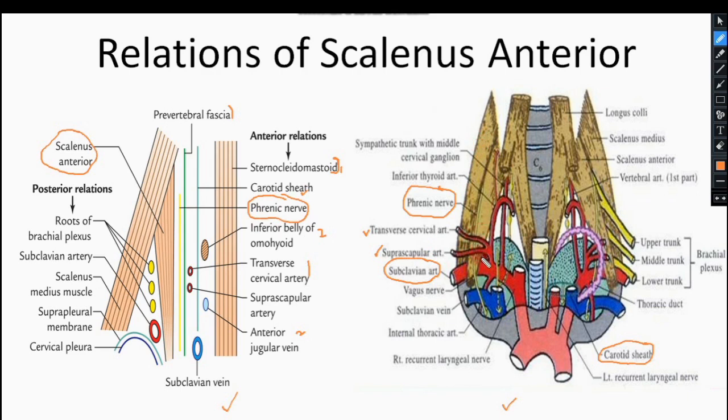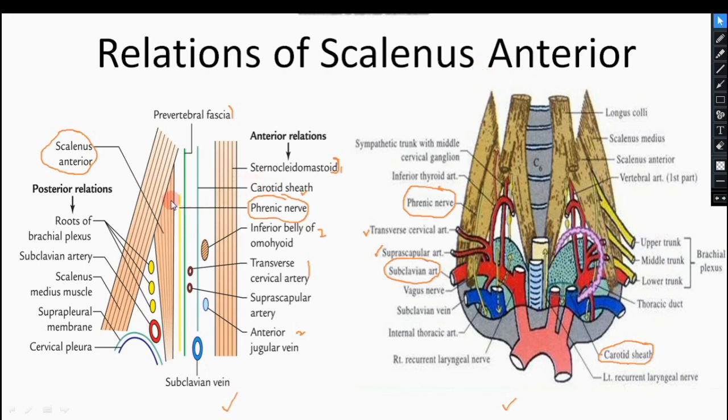And here posterior is that fascia we just talked about, the Sibson's fascia or suprapleural membrane. Clear? And one structure left, this is the brachial plexus. We can see the upper trunk, middle trunk and lower trunk of this brachial plexus also present posterior to this scalenus anterior. Clear? So these are the structures present posterior to this scalenus anterior.